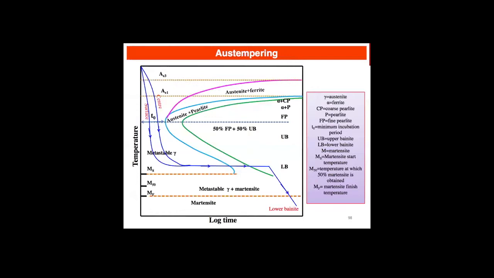Miss the ferrite curve, come down to some temperature above martensite start, so we're not going to form martensite, right? And hold until we have a structure that's basically 100% lower bainite, then cool down through the martensite, right?